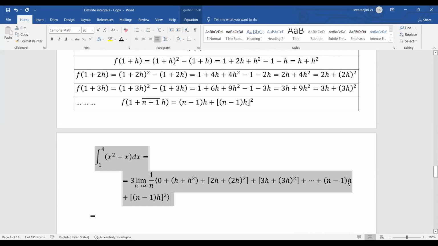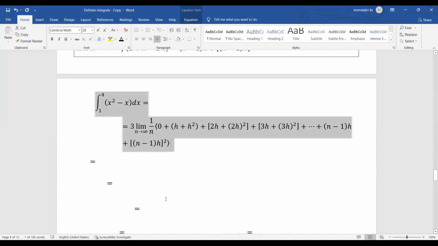And the final term will be (n minus 1)h plus ((n minus 1)h) the whole square. You are simply substituting the values.